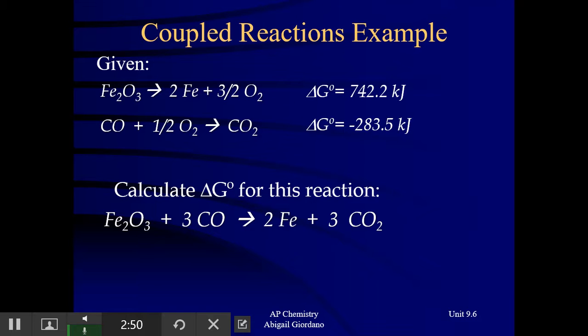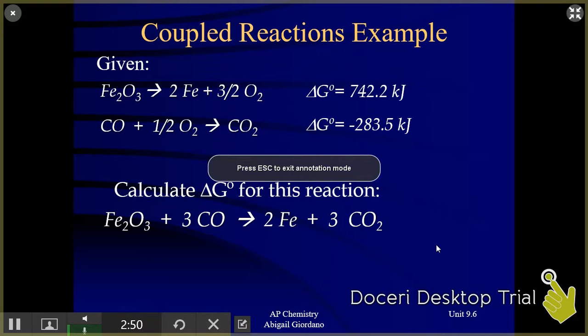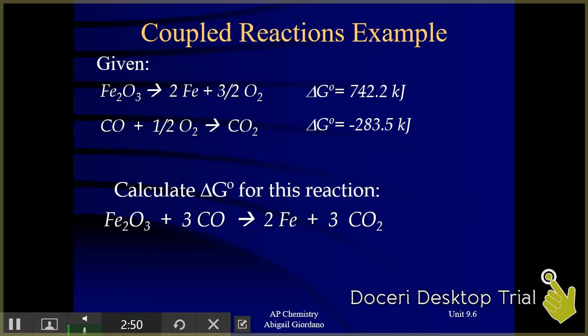This is a Hess's law situation, guys. So let's just go through that thought process one more time. We'll start here. Fe2O3, here it is. It's on the correct side. It has the correct coefficient. So this first reaction here, I don't have to flip it. I don't have to multiply it.